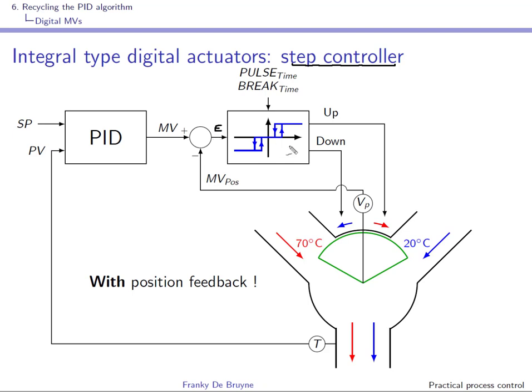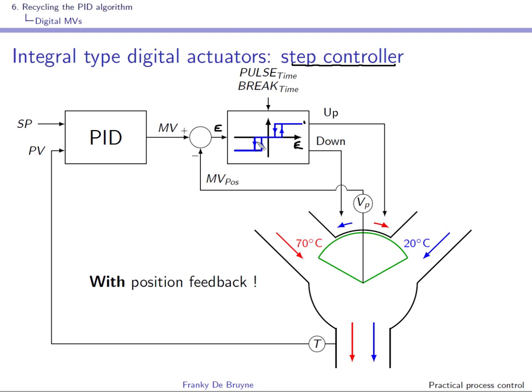And this error is what you have here on this axis. If this error is sufficiently large, you will have a 1 here, and a 1 corresponds to up, so the three-way mixing valve will open.